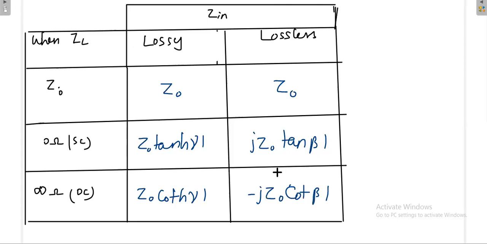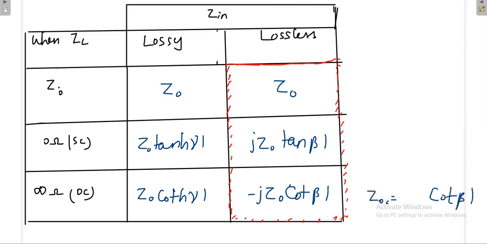From the exam point of view, this section is very important because in the exam they mostly ask for the lossless condition. So please always try to remember the lossless conditions. How to remember very easily? If you have short circuit or open circuit, say OC, you simply think of OC and reverse it, then you get CO. CO means cot, cot βL.